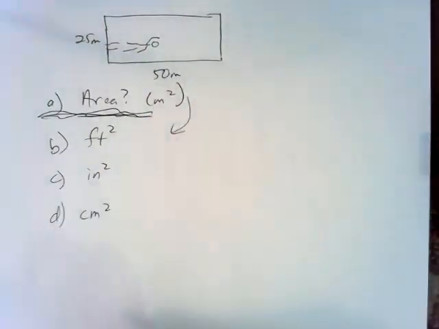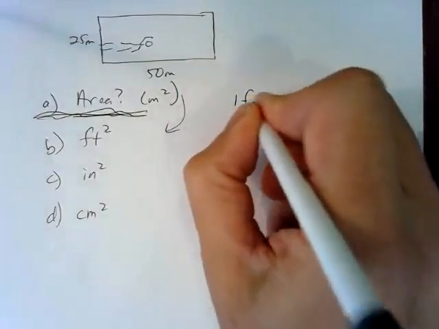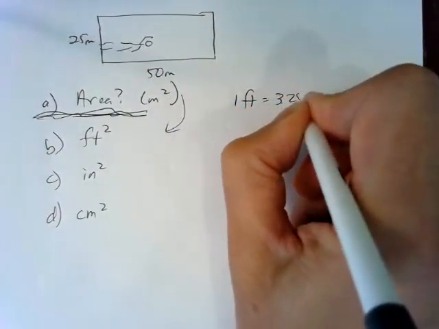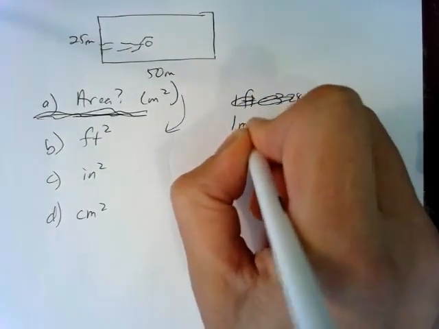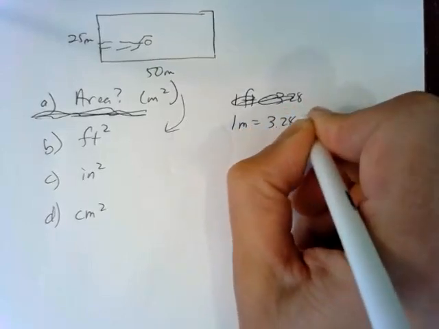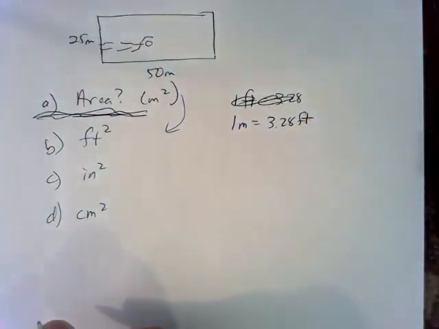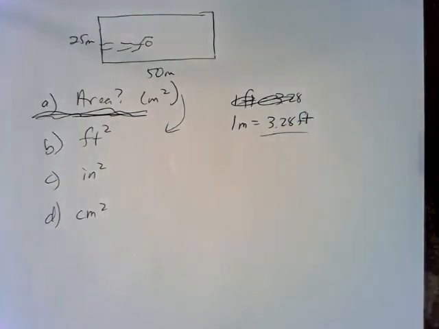And to help between this conversion, I will tell you that 1 meter is 3.28 feet.